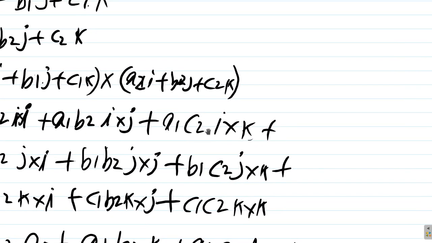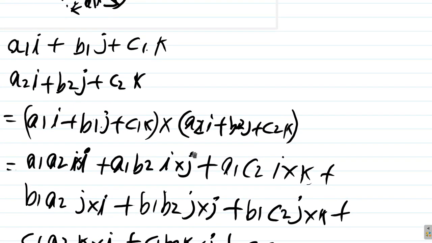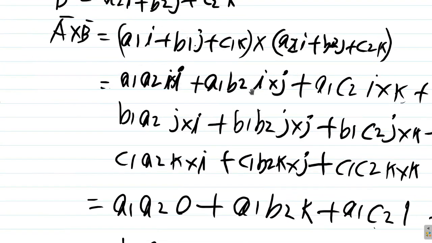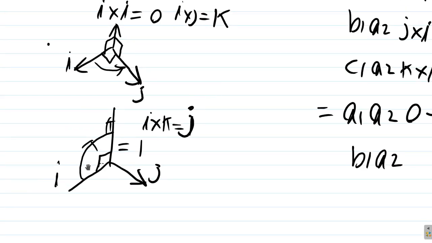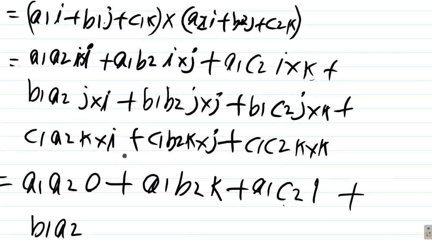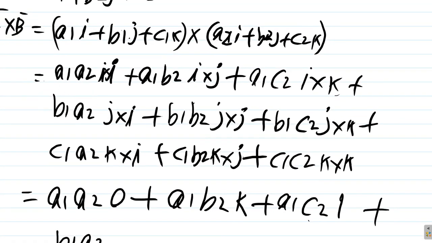A1, C2, I cross K. Now, I cross K would be J. Alright, so A1, B2. What is it?